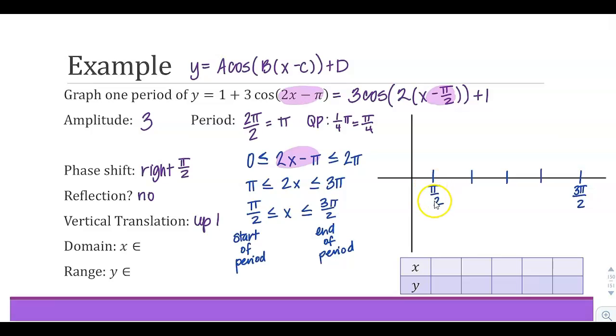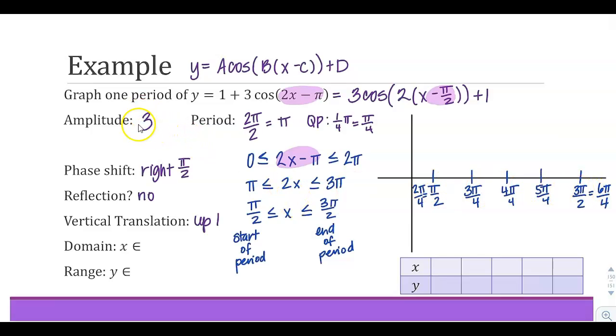So starting at pi over 2, in order to add pi over 4 to get to the next tick mark, I'm going to rewrite this with a common denominator of 4. So this is 2 pi over 4, making this first tick mark 3 pi over 4, 4 pi over 4, 5 pi over 4, and 6 pi over 4. So now I have my tick marks labeled.